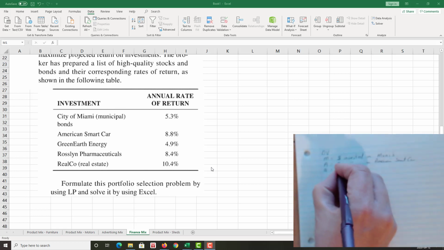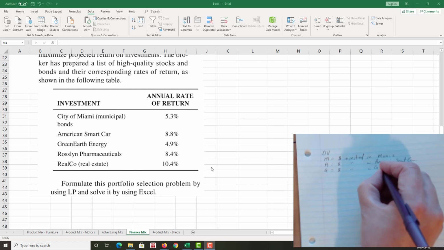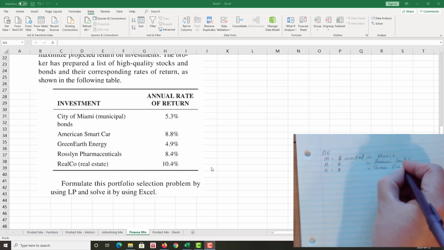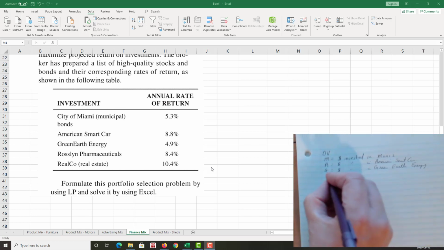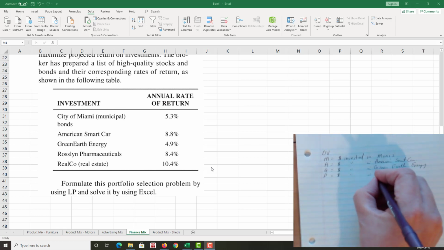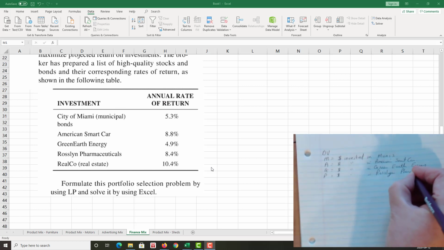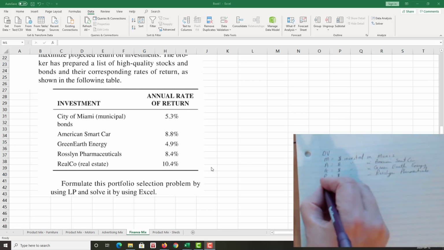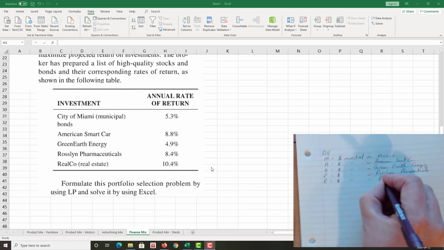G, dollars invested in Green Earth Energy. And P equals the dollars invested in Roslyn Pharmaceuticals. And last but not least, R is just the dollars invested in Realco, real estate. Okay, so there's our decision variables.